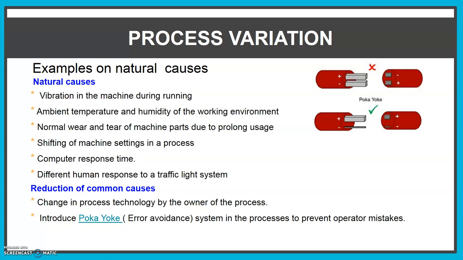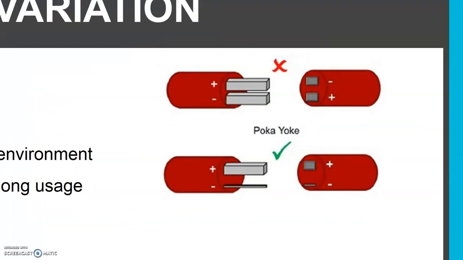Pokayoke is a good method to reduce human error. That means you design a different shape between the positive and negative sign, so that the operator won't assemble wrongly. So this is the method to solve human error.